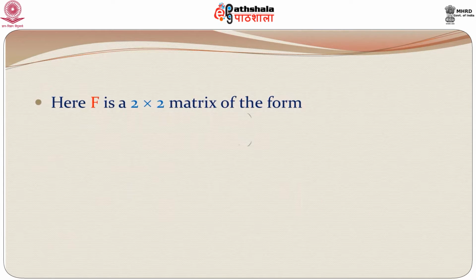Now, in this case, before we look at the different conditions, the F matrix would be a 2 by 2 matrix. Mind you, F is a G by G matrix. So, in this case, F is a 2 by 2 matrix, and it is of the form F11, F12, F21, F22.